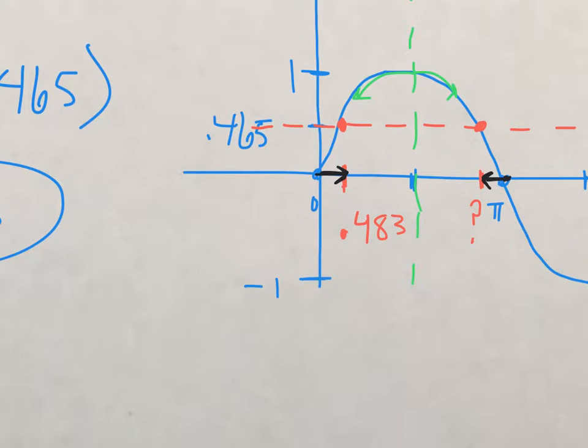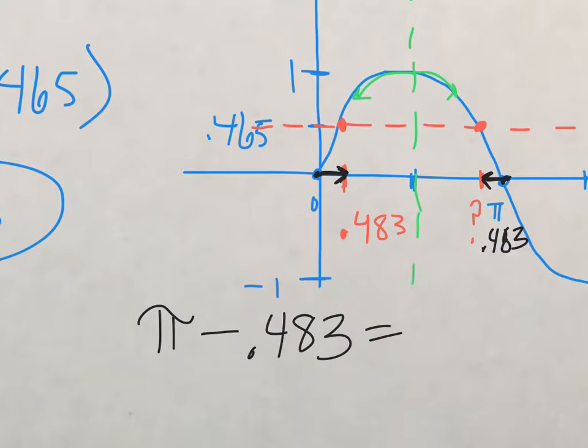So if this first one is 0.483 units away from my 0, this next one has to be 0.483 units before I get to my next 0. So to figure out the other one, I do pi, which is my next 0 for sine, minus this distance that I found, and that will give me the x value for my second point of intersection.